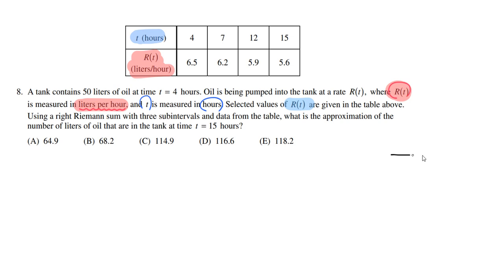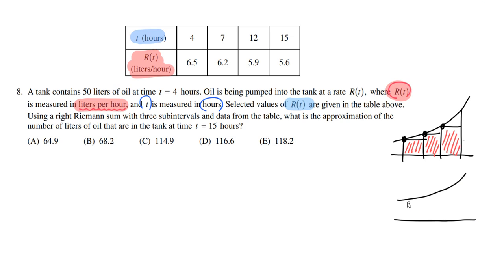The Riemann sum has a picture like this. If you add up all these areas, you can make an approximation of the area below the curve.